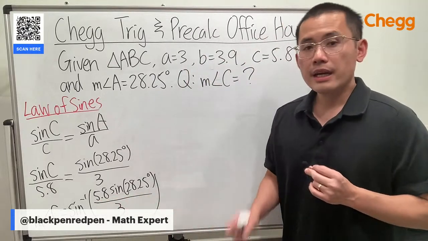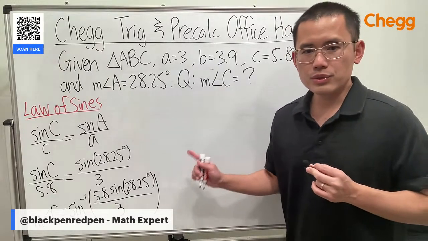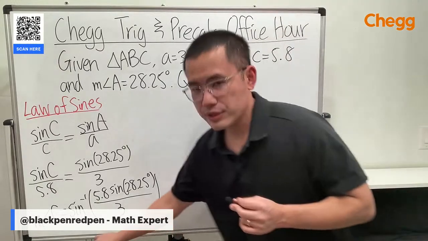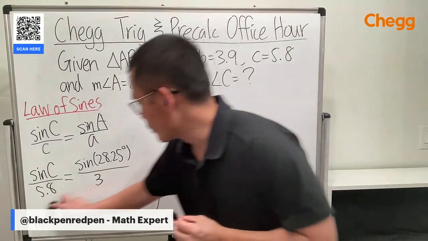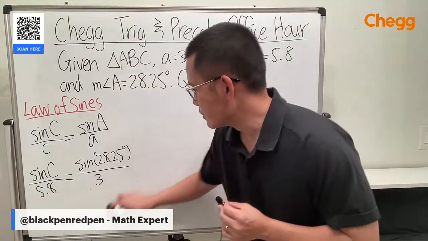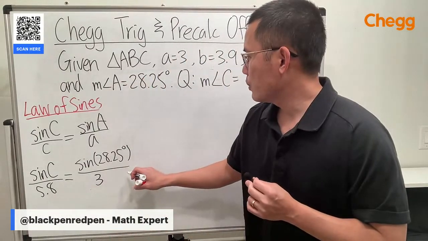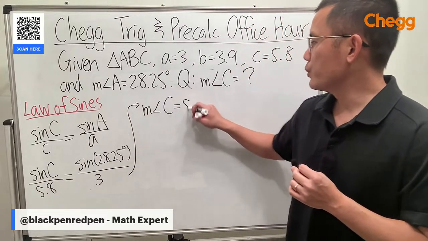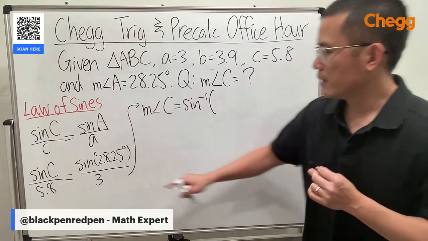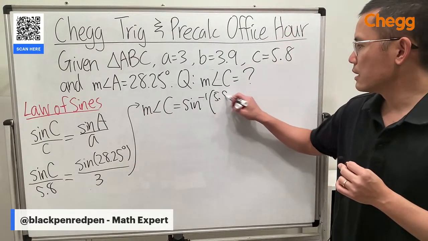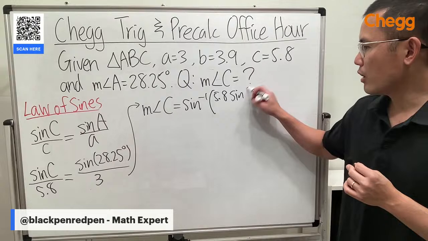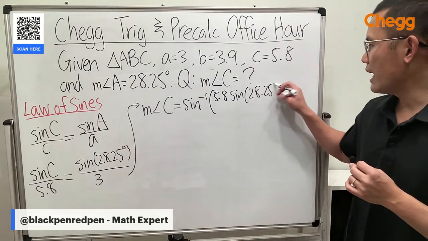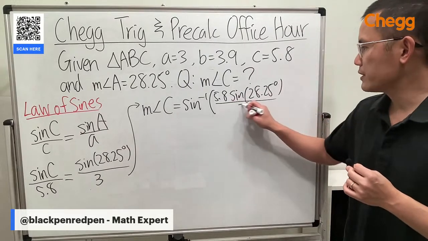Now go ahead and use your calculator to try. Actually, I think it's being blocked. I'm sorry, I'm going to write it up here for you guys to see better. So right here, the measure of angle C is equal to the inverse sine of 5.8 times sine of 28.25 degrees over 3.